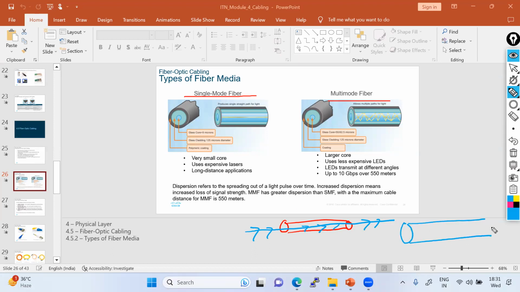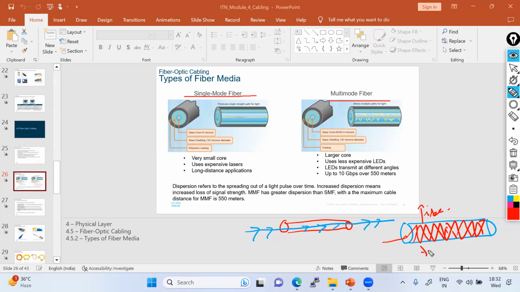But the same thing in the multi-mode, if anything is going to hit inside the fiber, it is going to create some kind of modes. Might be like this. So it keeps reflecting inside of this particular fiber cable.